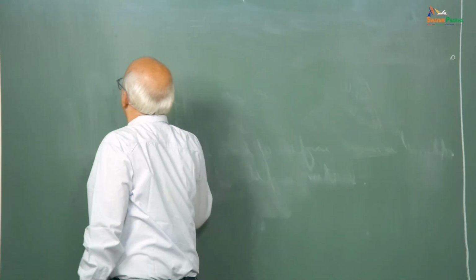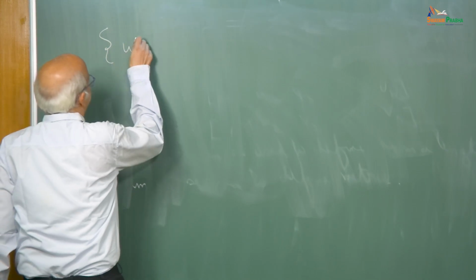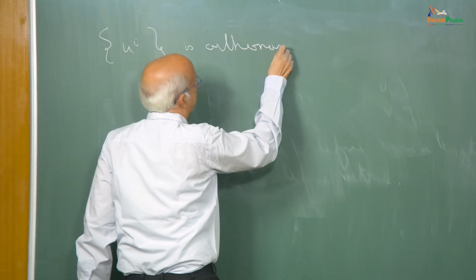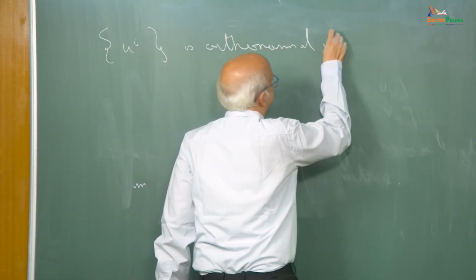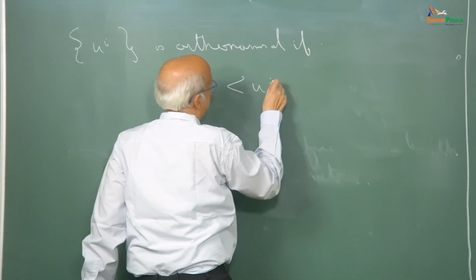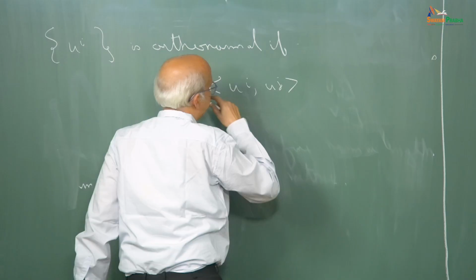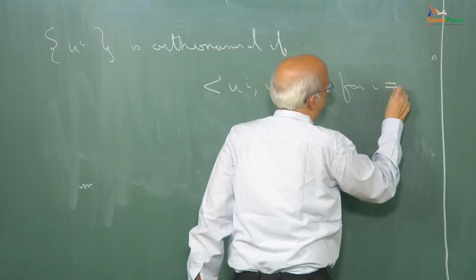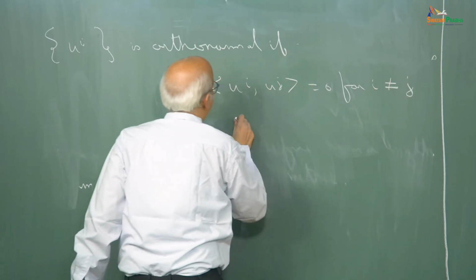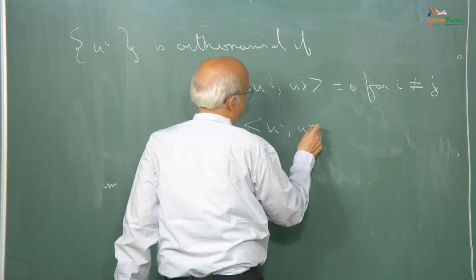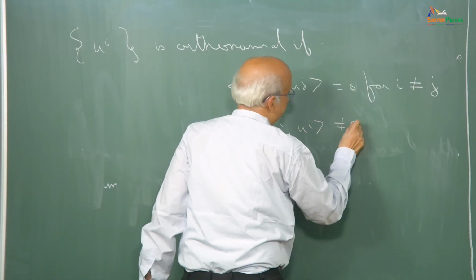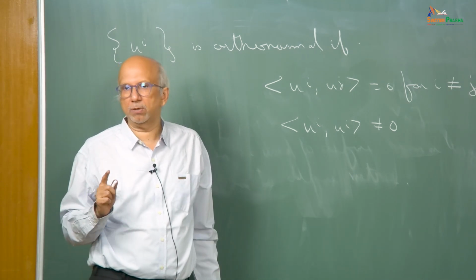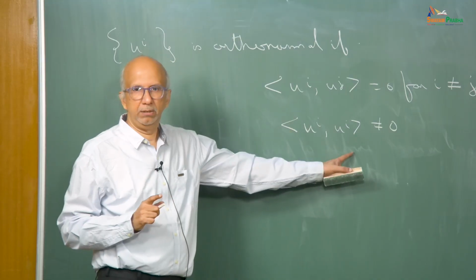Similarly, the set of vectors ui is orthonormal if the inner product of ui comma uj equals 0 for i not equal to j, and the inner product of ui with ui is not equal to 0, but because I have made it normal, this inner product will be 1.